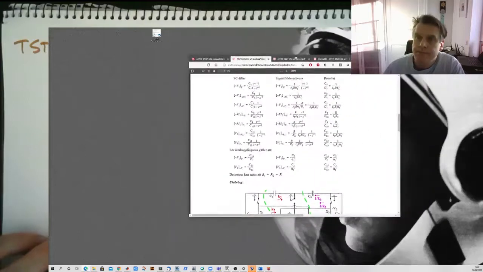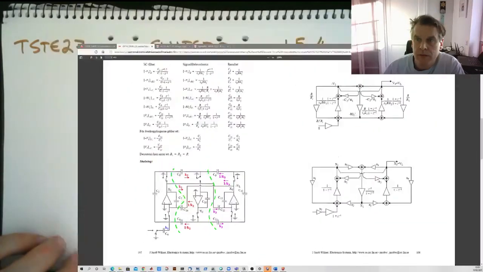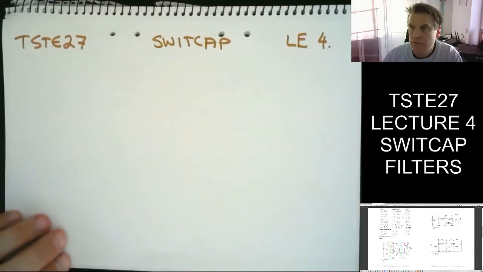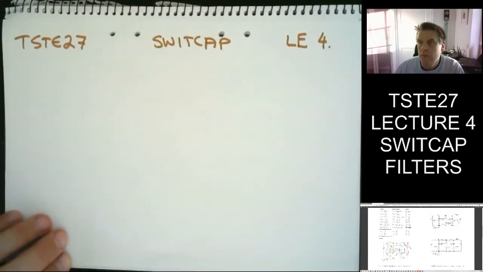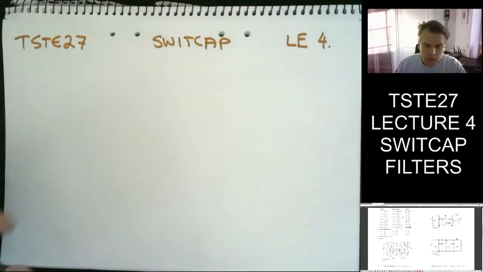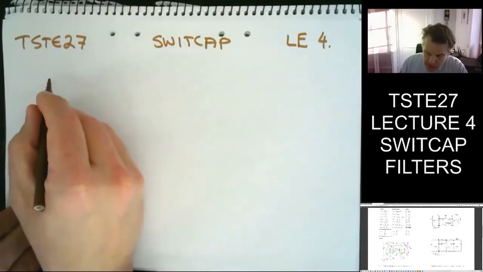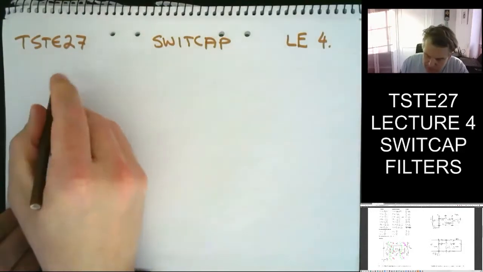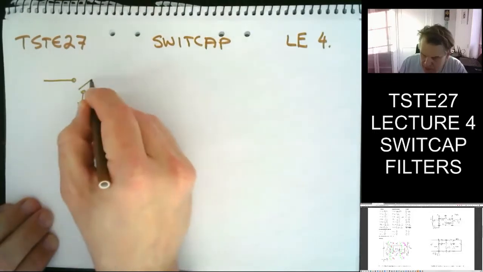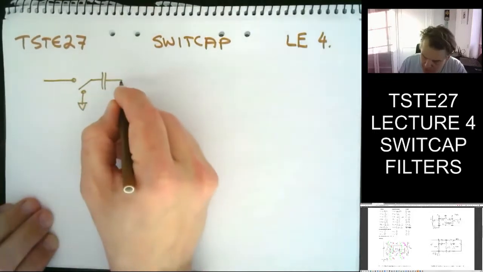Okay, so let's bring this down and then start with the basics. Last time we looked at the accumulator, and essentially we had a circuit looking something like this, and there were some different options. We'll come to those shortly.